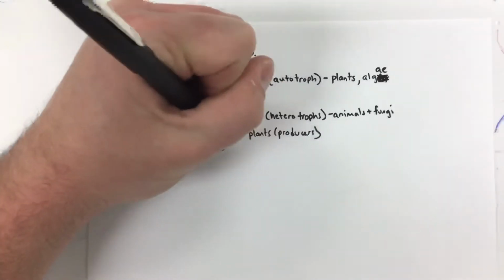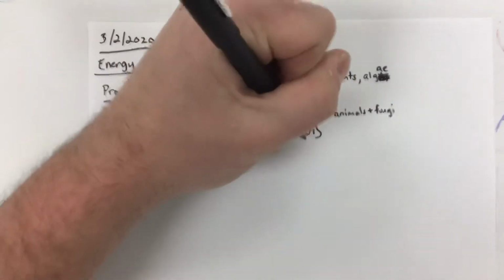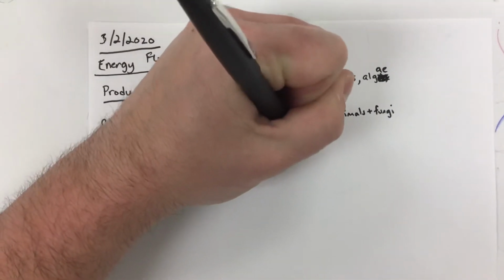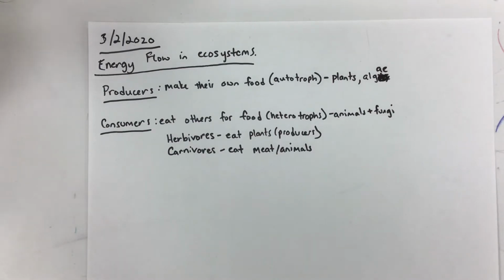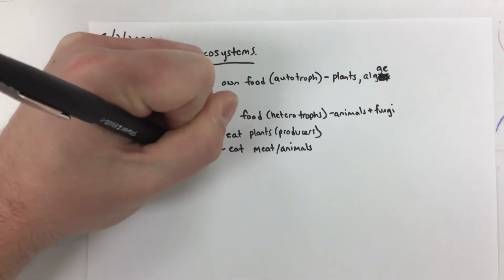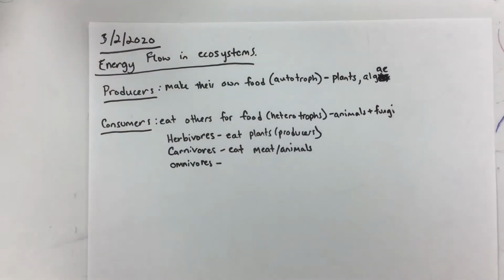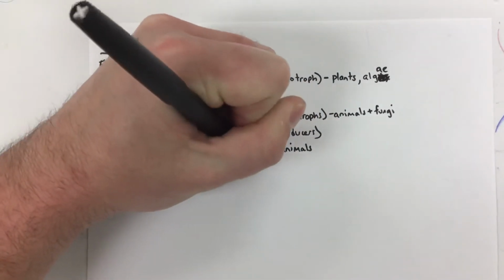Meat, yeah. So carnivores eat meat, and most of the time that basically means animals. It doesn't have to be a big slab of juicy prime steak or anything. It could be insects. Okay. And then you have omnivores. What do omnivores eat? Now, omni means all, so they eat both.